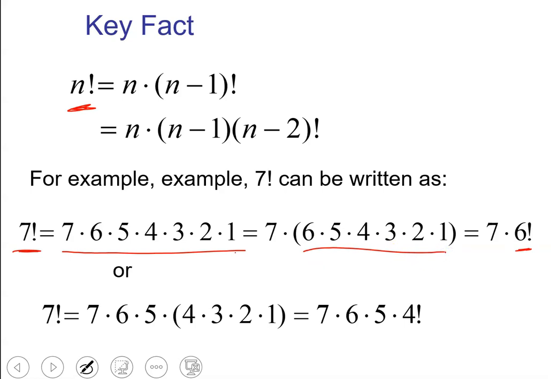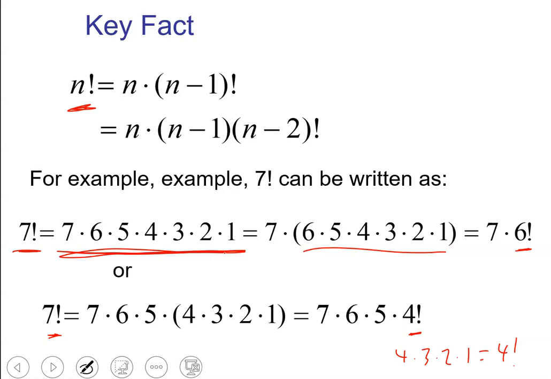So we can kind of stop it wherever we want. Like in this case here, we did 7 factorial, 7 times 6 times 5, and then we did times 4 factorial. Again, that represents 4 times 3 times 2 times 1. So it's also equivalent to the original of 7 times 6 times 5 times 4 times 3 times 2 times 1.